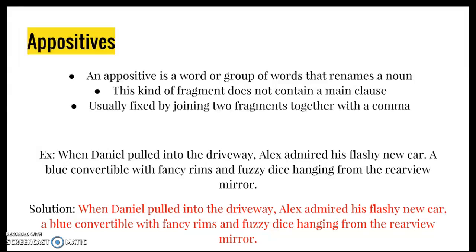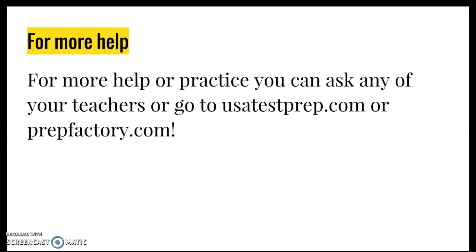Our fix to this would be taking out the period after "car" and adding a comma, and making the capital A a lowercase a to join the sentences. So it'd be, "when Daniel pulled into the driveway, Alex admired his flashy new car, a blue convertible with fancy rims and fuzzy dice hanging from the rearview mirror."